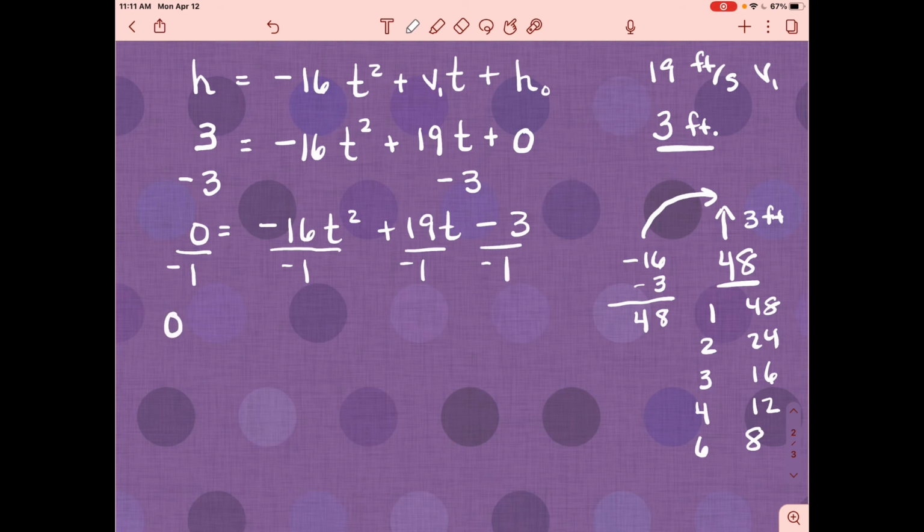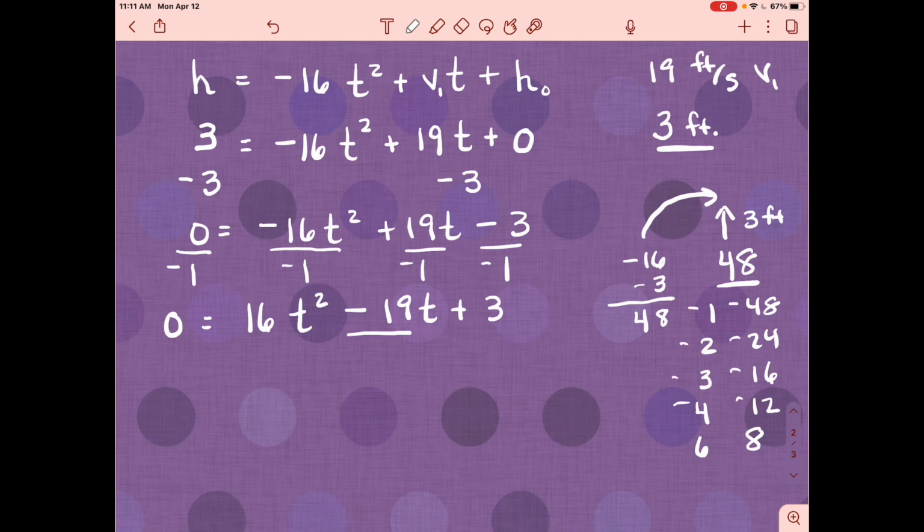We're still going to have 0 equals 16t squared minus 19t plus 3. So that didn't really change anything with our factors. We do need to look for the factors that equal -19. That means we're going to have to make them both negative because they're supposed to make a +48.